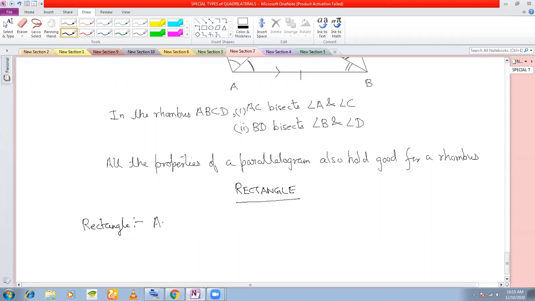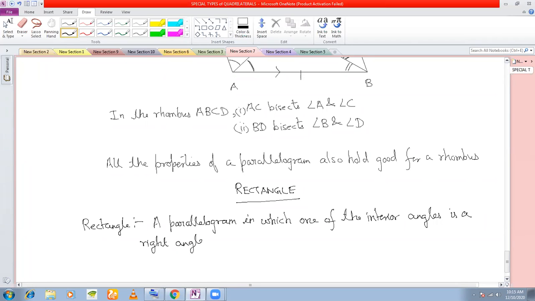So we define a parallelogram in which any one of the interior angles is a right angle as a rectangle.